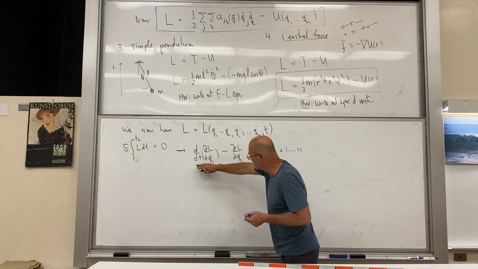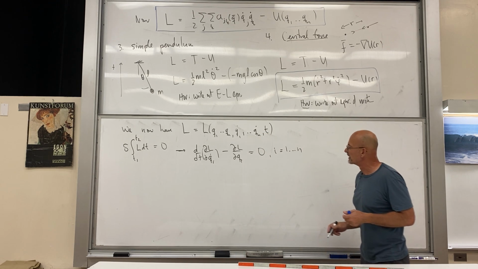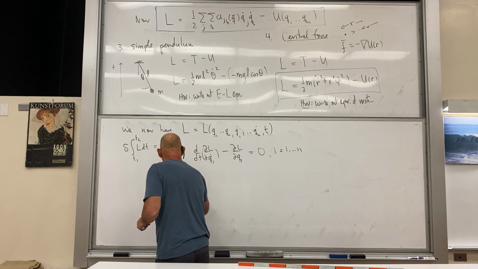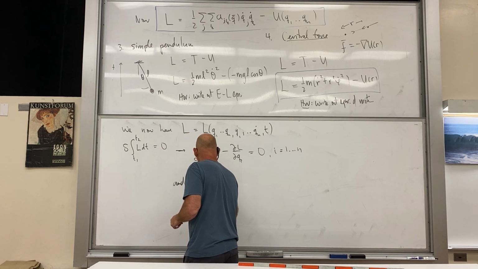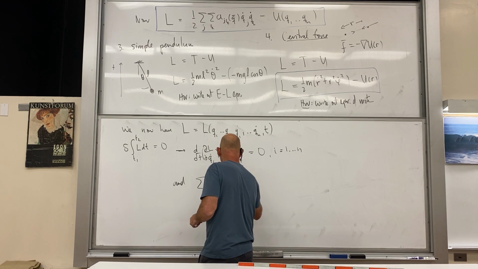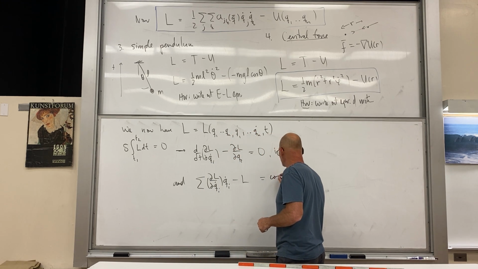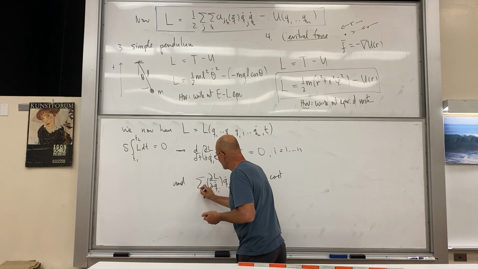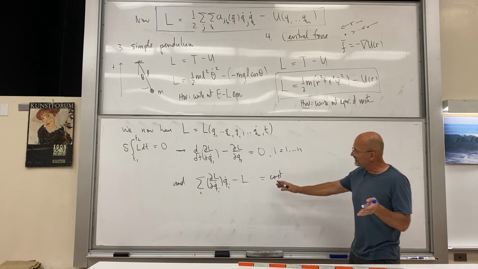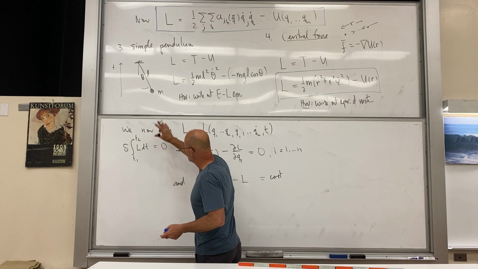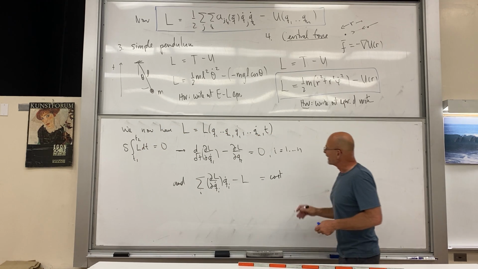Euler-Lagrange equations in terms of these generalized coordinates, and we have this principle here, partial L partial q sub I dot times q sub I dot minus L equals constant. We inherited this from the variational calculus because we just translated. At first we translated into Cartesian coordinates, now we just keep translating to generalized coordinates because the variational calculus principle is with a scalar. So that's what we have.